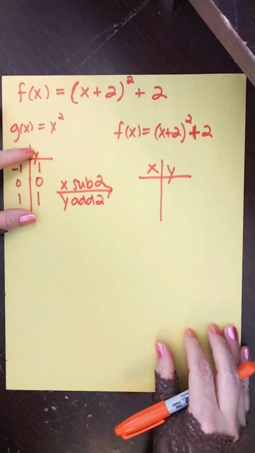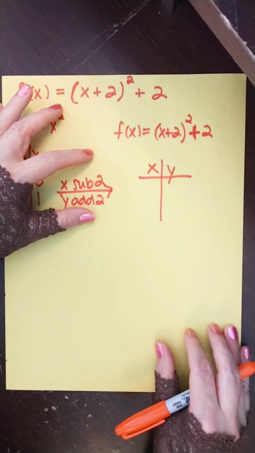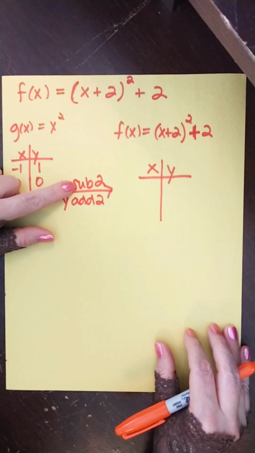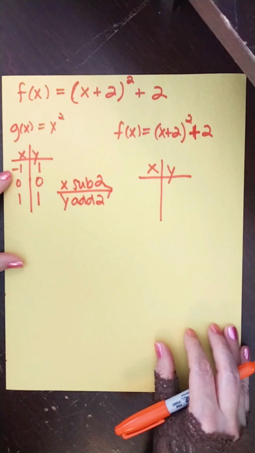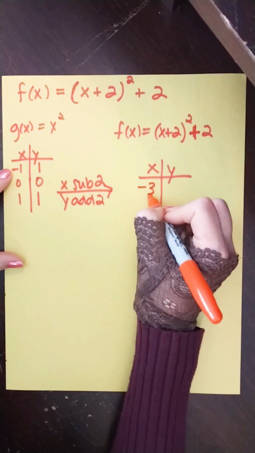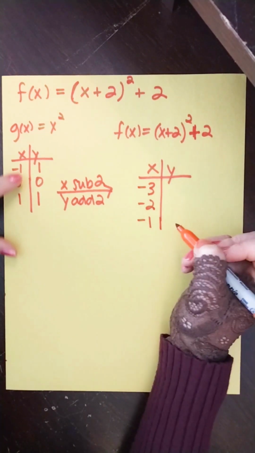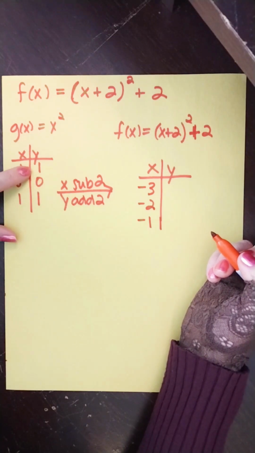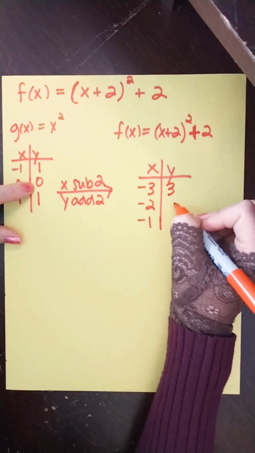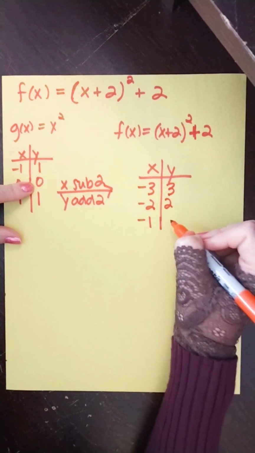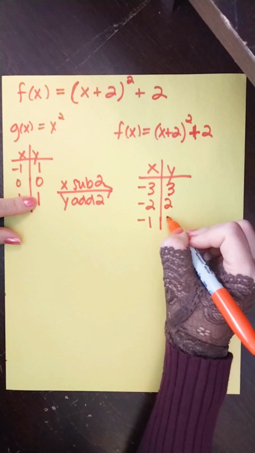So now to all these x and y values, we're going to do this. So to all the x's, I will subtract 2. So -1 minus 2 is -3, 0 minus 2 is -2, and 1 minus 2 is -1. And then to all the y values, I'm going to add 2. 1 plus 2 is 3, 0 plus 2 is 2, and 1 plus 2 is 3.